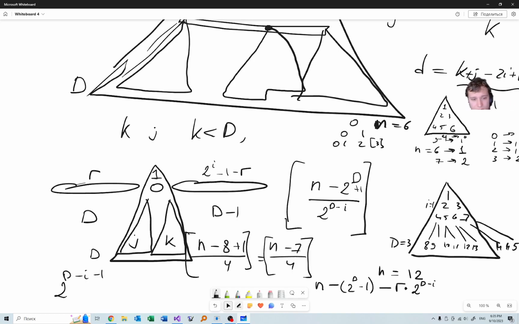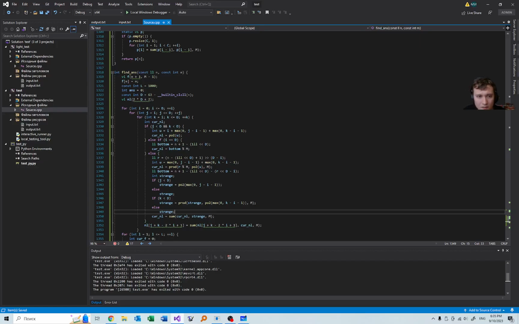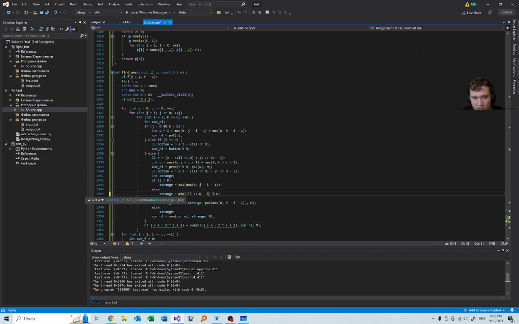Yeah, so here I say that it is some minimum modulo M. Minimum of what? Minimum of 1 LL to d minus I minus 1. Or bottom.